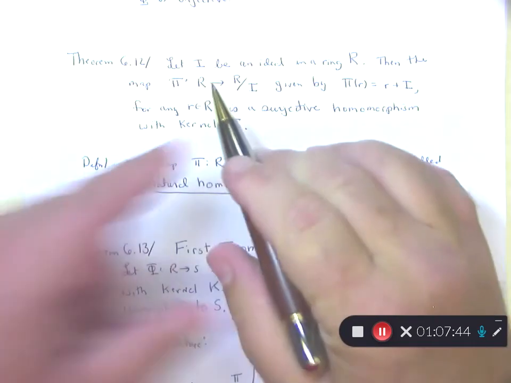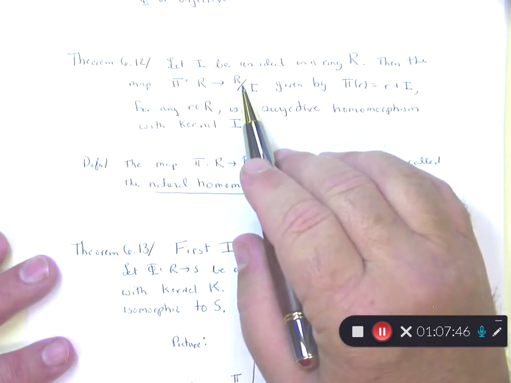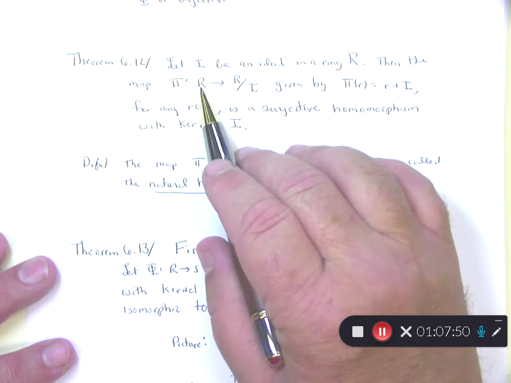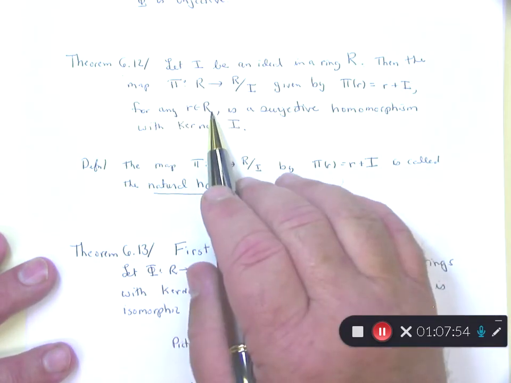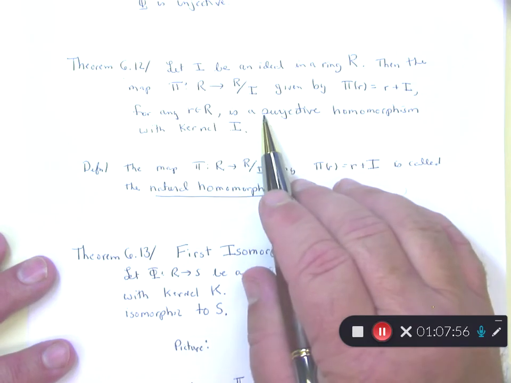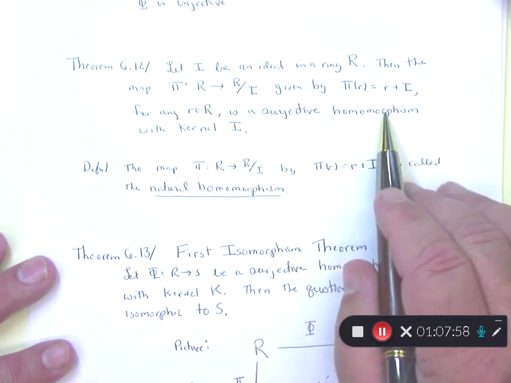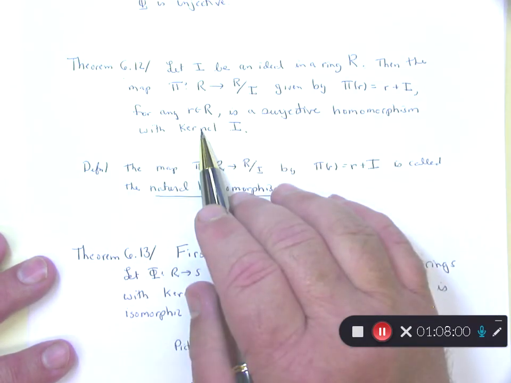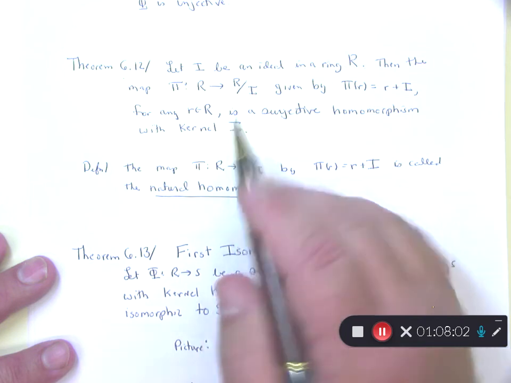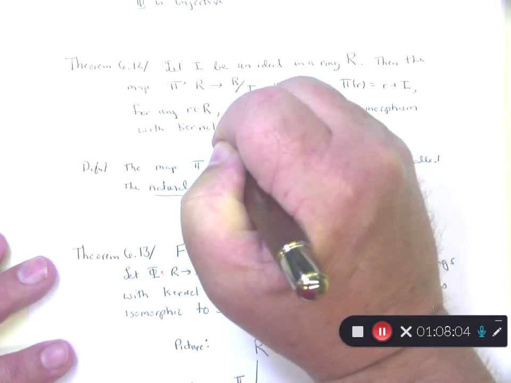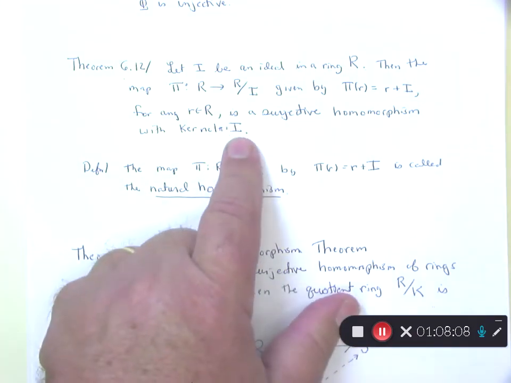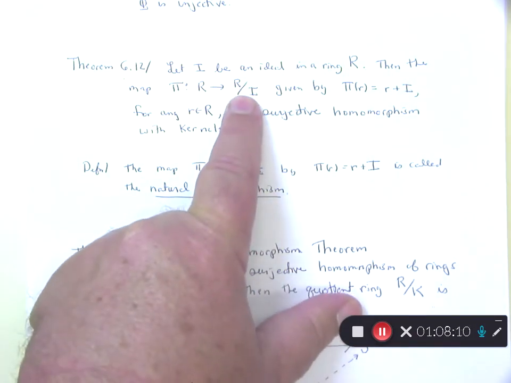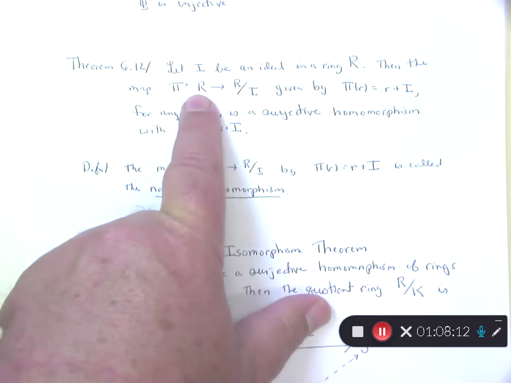So how do I go from a ring R to a quotient ring? Remember, quotient rings are the cosets, a plus I. We'll just map them: r maps to r plus I. That's what we're saying here. For any r in R, it is a surjective homomorphism with the kernel being I. The kernel of pi is equal to I. So all the elements that actually map to the 0 element over here, which would be 0 plus I, is actually I itself.